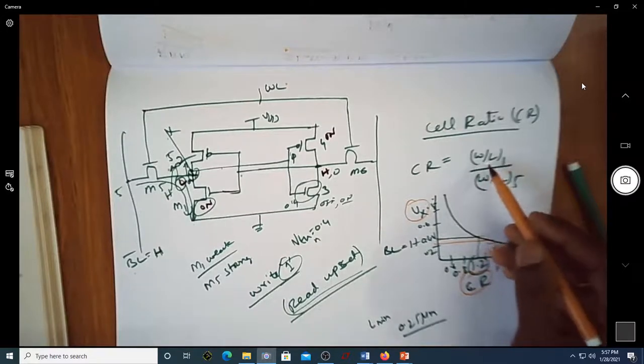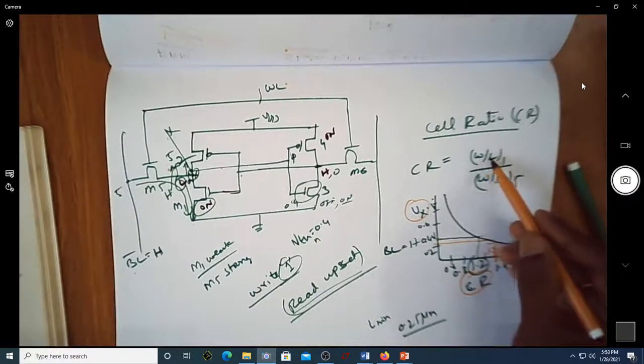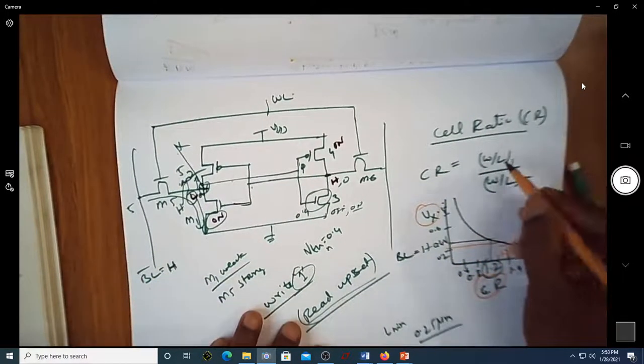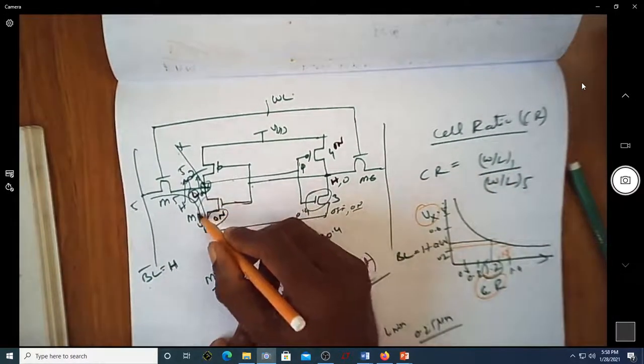So what is the cell ratio? As mentioned here, it is the W by L of 1 divided by the W by L of 5. So this W by L of 1 is the dimension of this transistor.